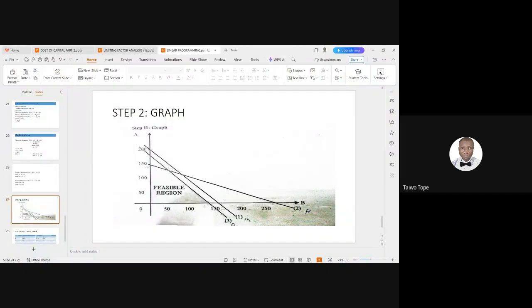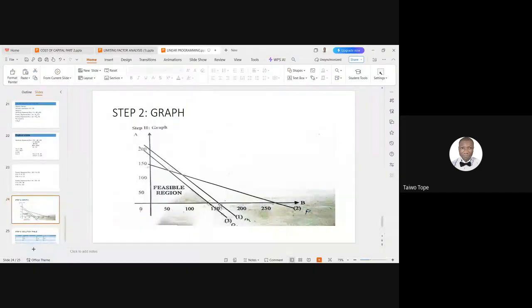A is 200, right? For machining. So you locate point B. Where is 150 at point B? On your own graph. This graph is not correct. I can't locate this slide. I have a correct graph.